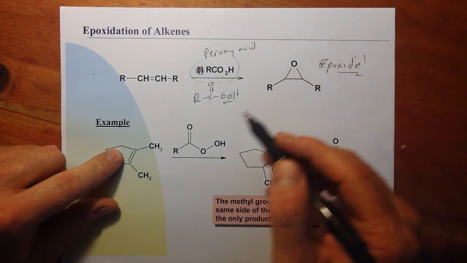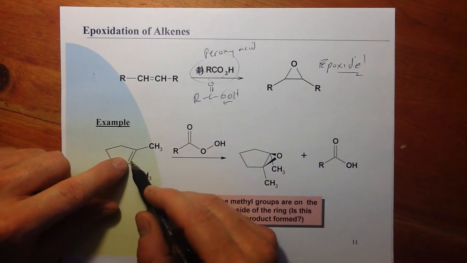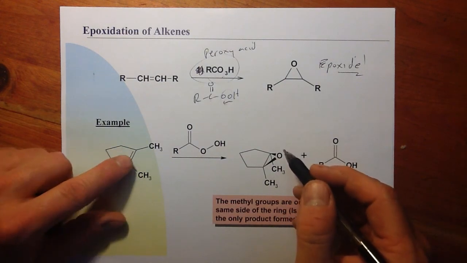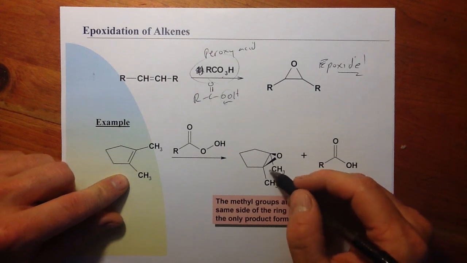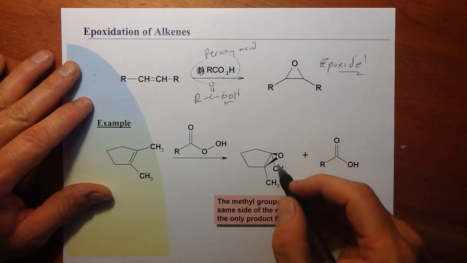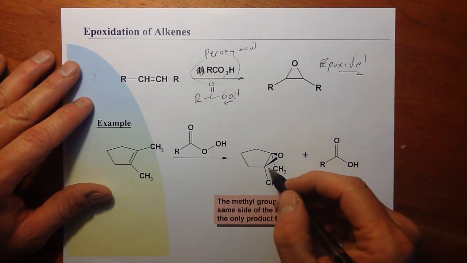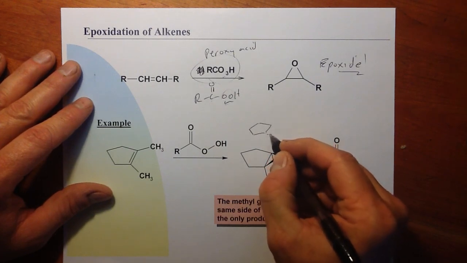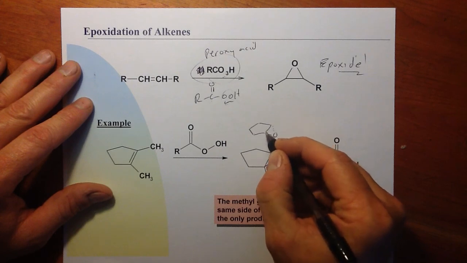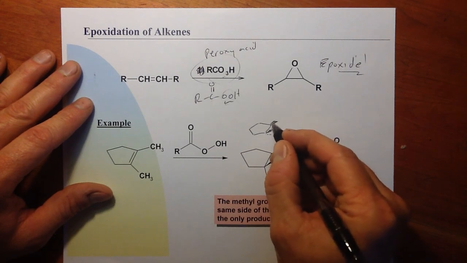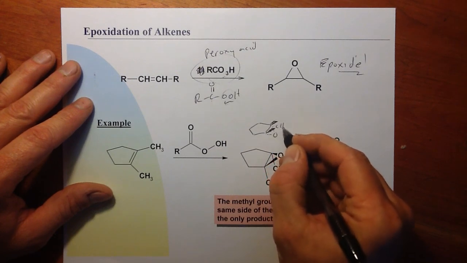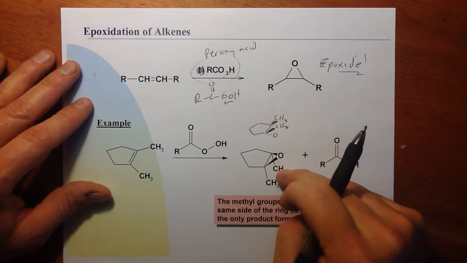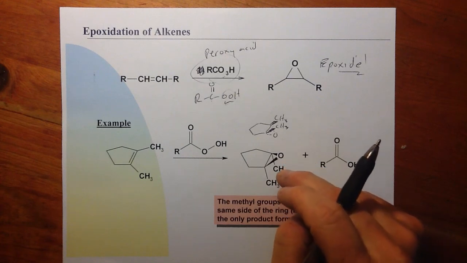Down below here, we're just showing a ring form of the alkene making an epoxide. And of course we can make it on the top face and bottom face, but it doesn't matter because we only get one product here. Because we could have flipped it over if it had been on the dash. Of course we can just flip that over, the methyl groups being on the top. But if we flip this over, it would be on the bottom and would superimpose on this. That's not always the case.